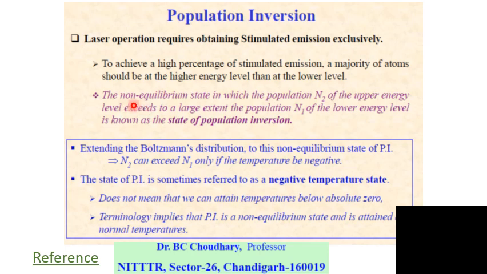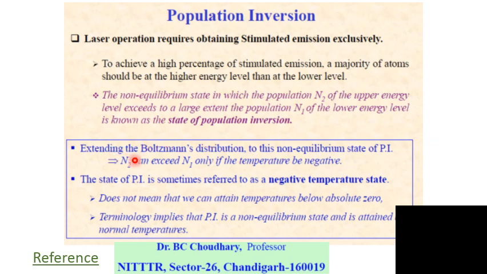The non-equilibrium state in which the population N2 of the upper energy level exceeds, to a large extent, the population N1 of the lower energy state is known as the state of population inversion. We will study pumping later. By pumping, we increase the population at the upper energy level, and when the upper level gets populated, this situation is called population inversion.